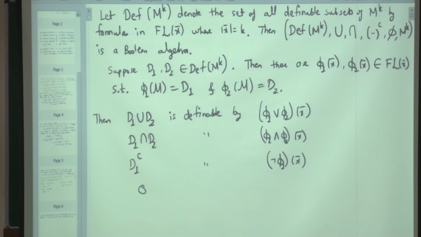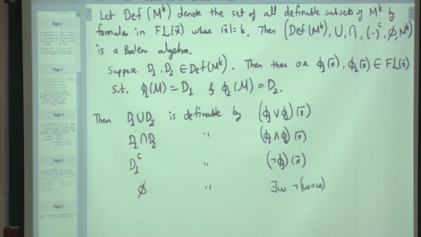Then how is the empty set defined? Same way as we did last time. Negation of x1 equal to x1, or we will always write this: there exists a w such that negation w equal to w.